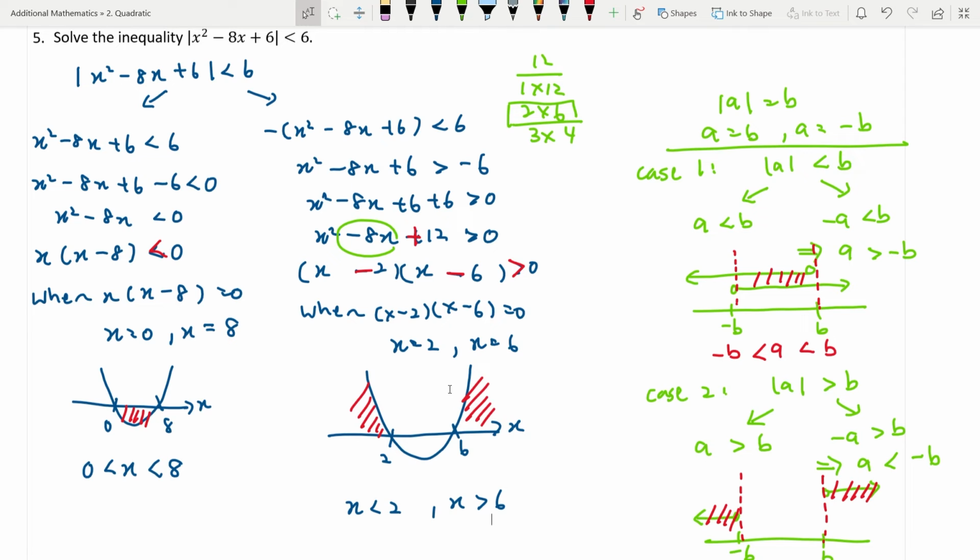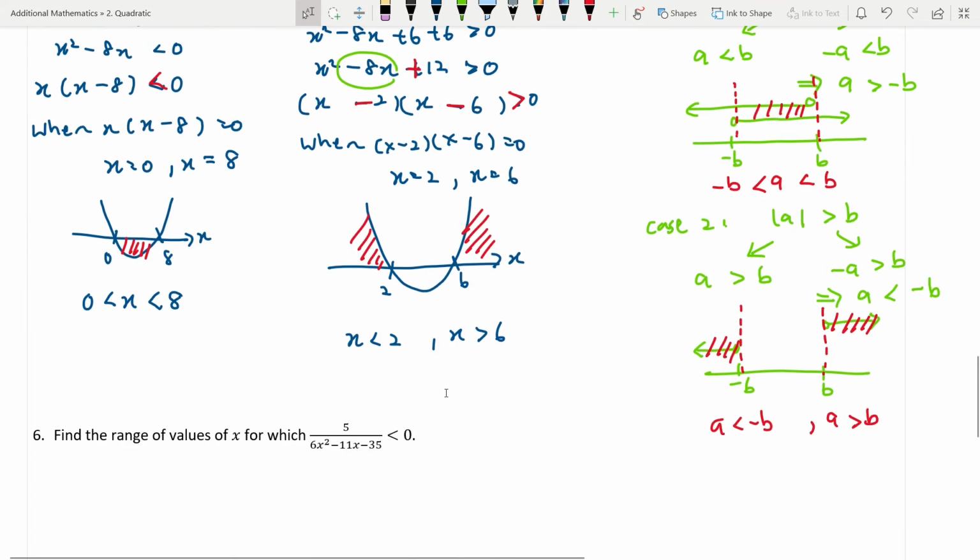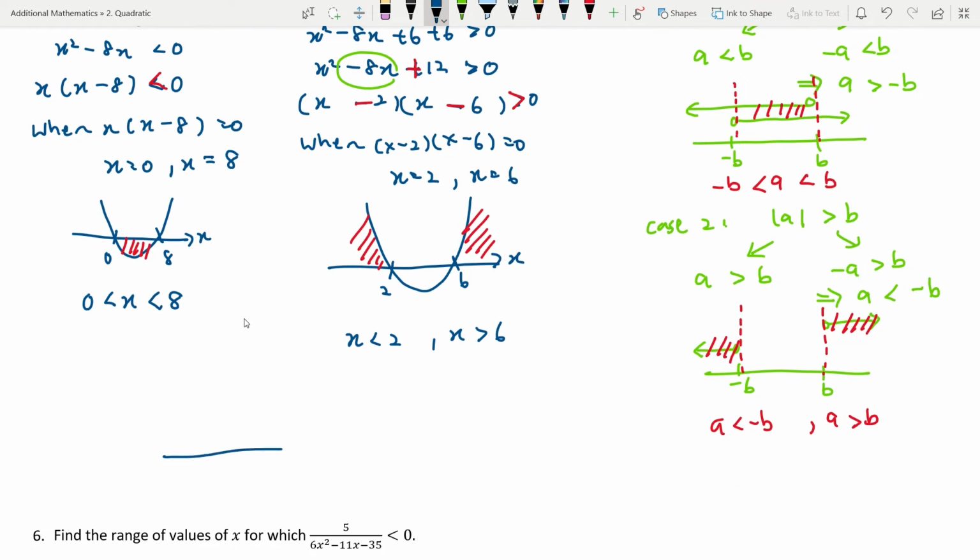Lastly, we need to combine all the range of values of x that fulfill the condition. We draw a number line. We have 0, 2, 6, and 8. The first range is x is between 0 and 8.